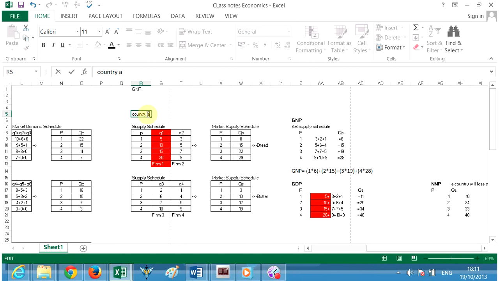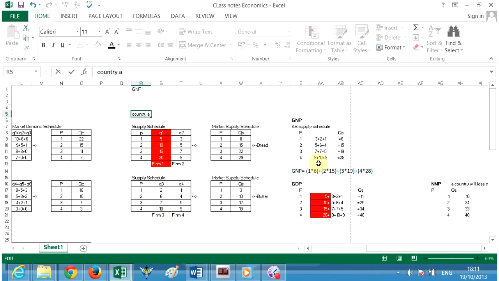Our country A is an imaginary country that I created. So these are the market supply schedule of these firms in our country A. The gross domestic product is about all firms within our country that is building bread and butter. So in our country A, that's firm 1, firm 2, firm 3, firm 4.